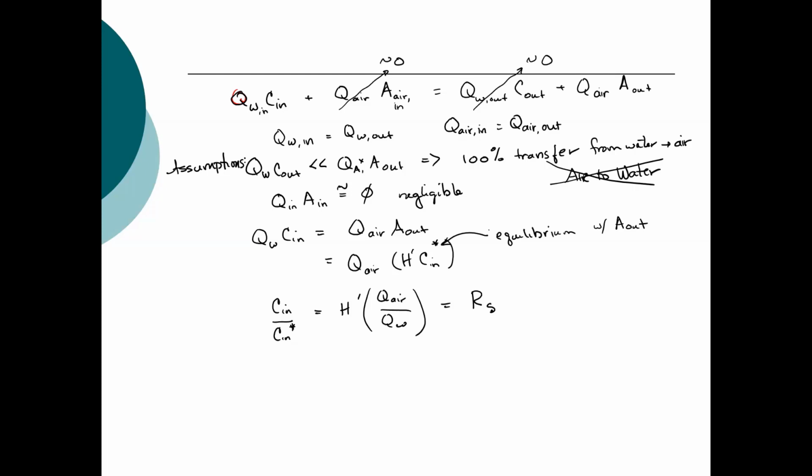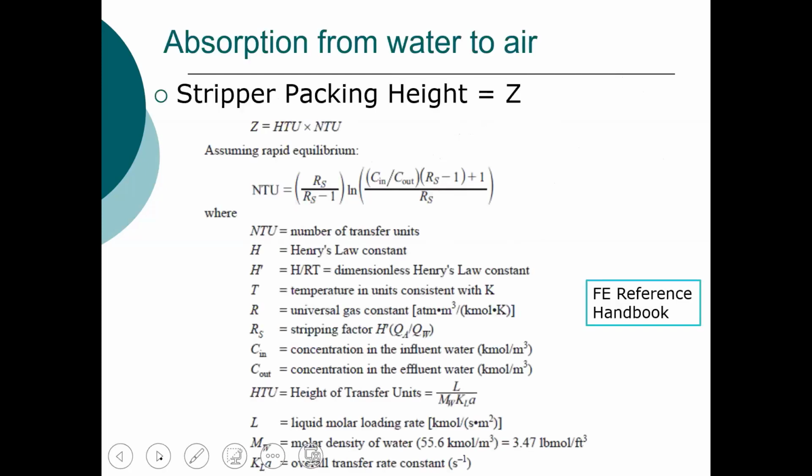So in this approach, and this is the approach used in the FE reference handbook, uses this stripping factor. I've just derived the stripping factor, so you have a sense of where that comes from. So again, this is a screenshot from the FE reference handbook.